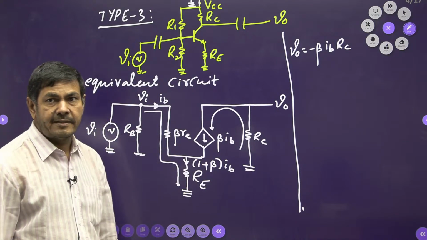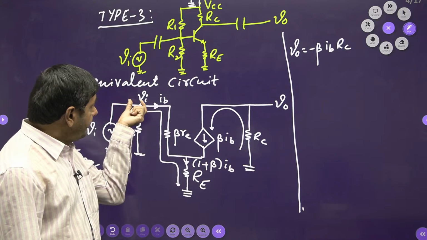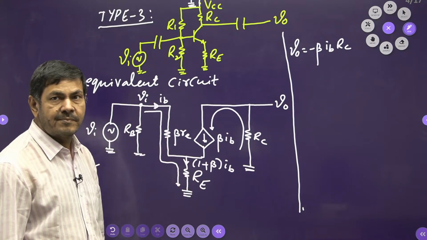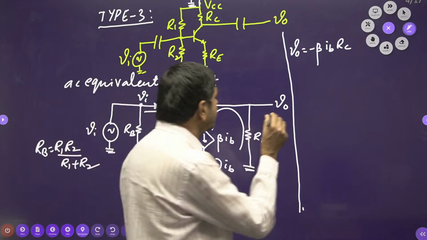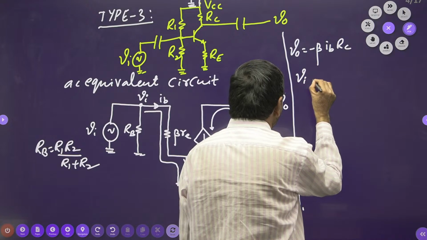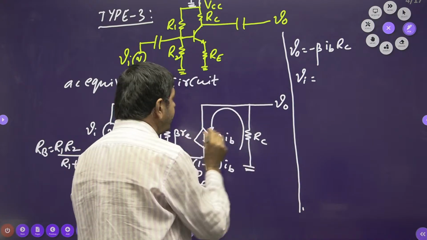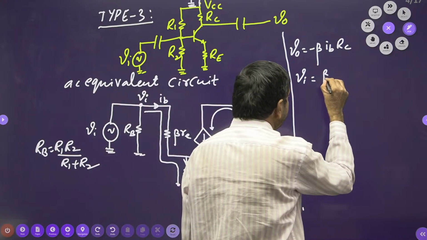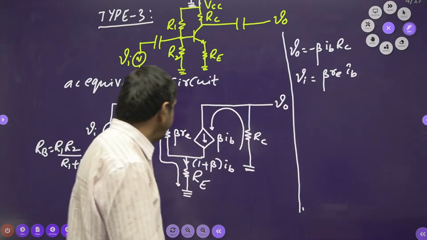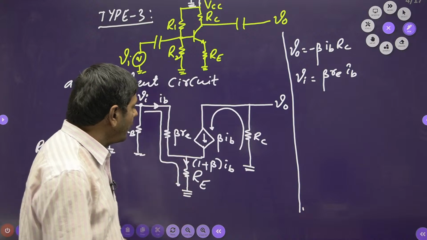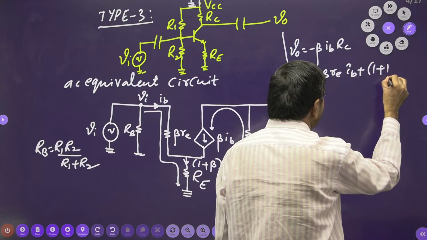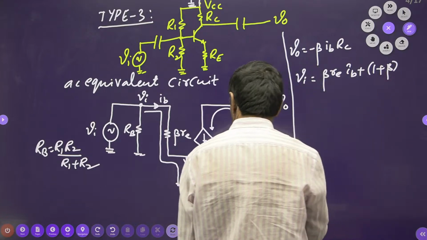VI equals the drop across this plus the drop across this. According to KVL, VI equals beta into RE times IB. When I go this side, there is some drop: (1 plus beta) times IB into RE.